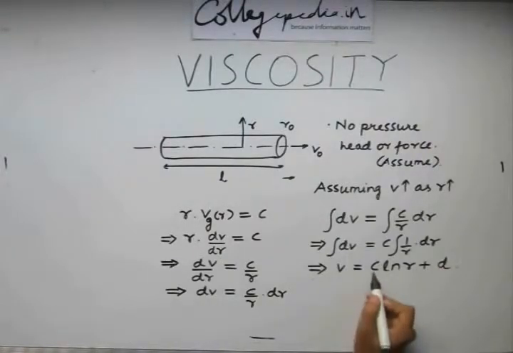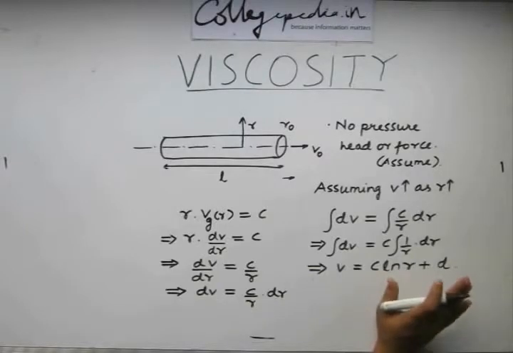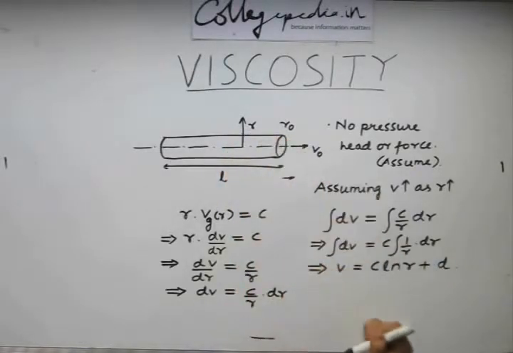Now our job is to determine both of these constants, which we can do by considering some boundary conditions at different points. So what our boundary conditions will be? Let us look into that.